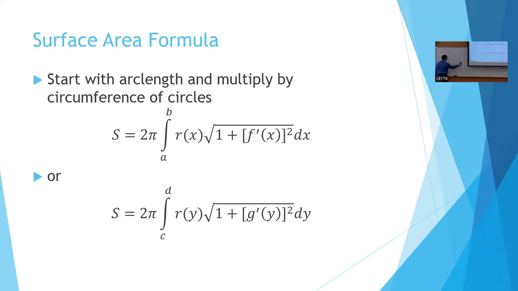So basically, arc length formula times circumference, where radius is going to be from the curve down to the line I'm rotating around. Does that make sense? Radius is from the curve to the line I'm rotating around, as seen in the picture I just erased on the board.